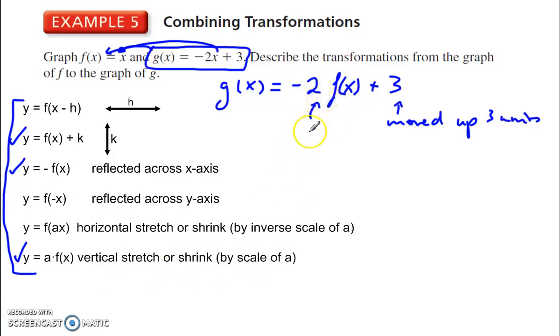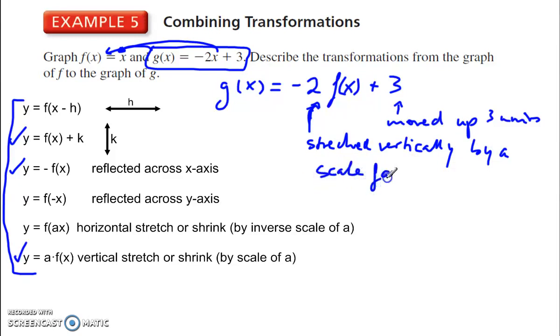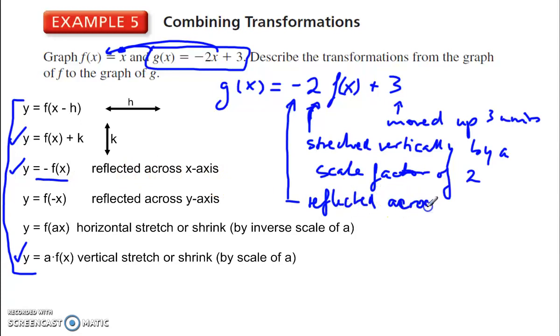If it's outside the parentheses, we can take it at face value, so it is stretched vertically by a scale factor of 2. And then the negative, remember that's this right here, means it is reflected across the x-axis.